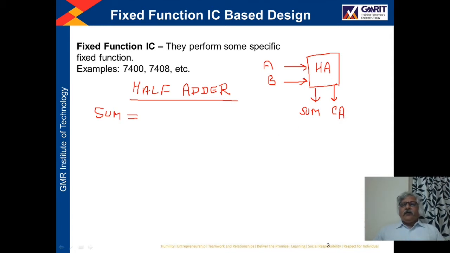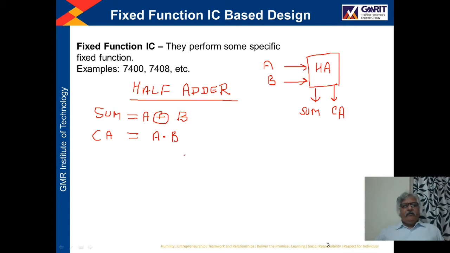For the sum expression, with the help of the K-map and the truth table, the designer will come to know that the sum logic will be implemented by using the expression A XOR B, and for carry the expression will be A and B, right? So he will come to this conclusion.